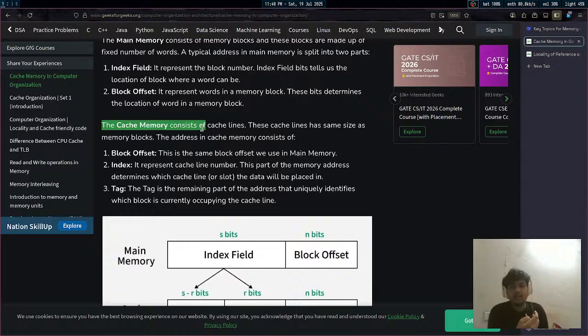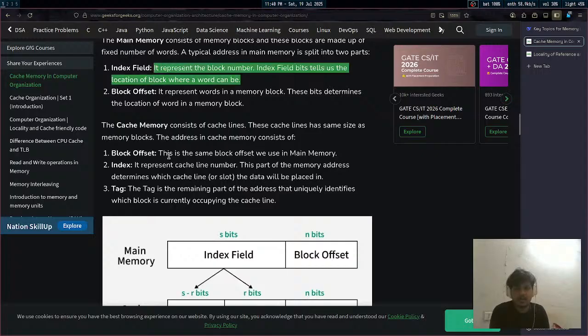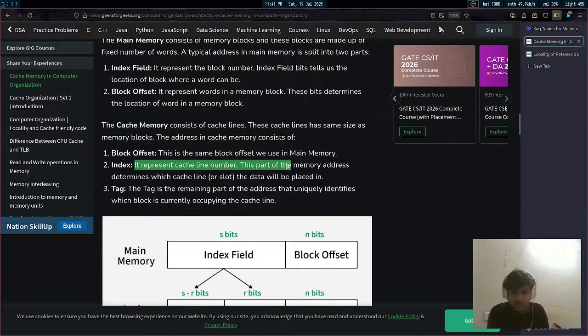Over here, we had an index field, which is like a page that can be indexed, right? So there should be something equivalent of an index field here as well. The way it is called pages in main memory, it is called cache line number in the index. So I think a cache line is equivalent to a page.